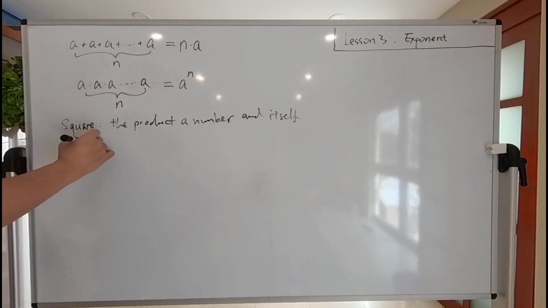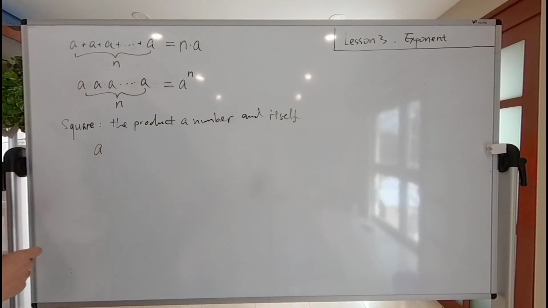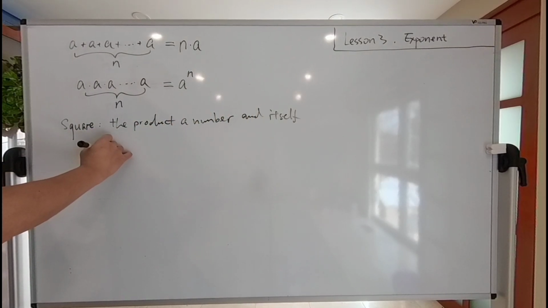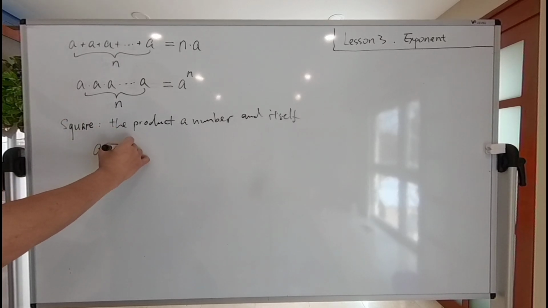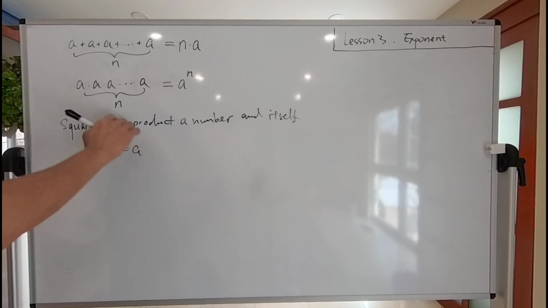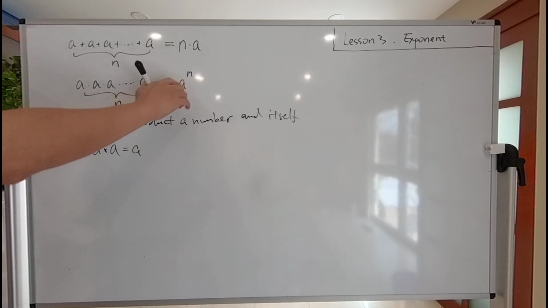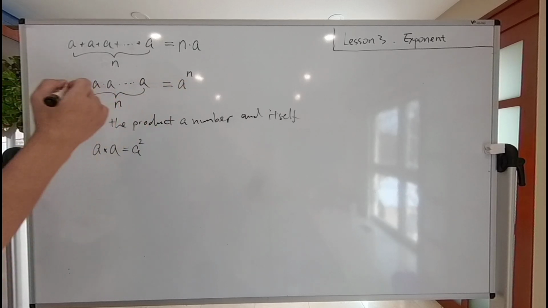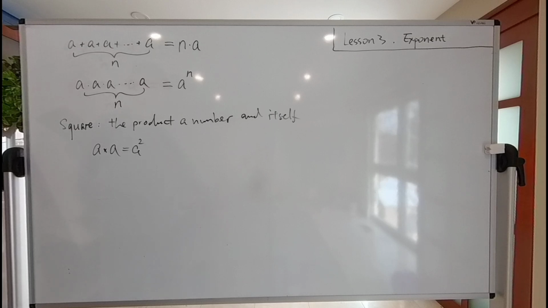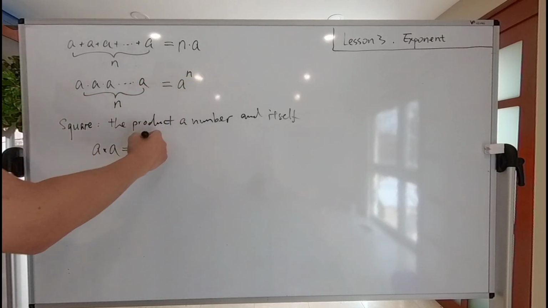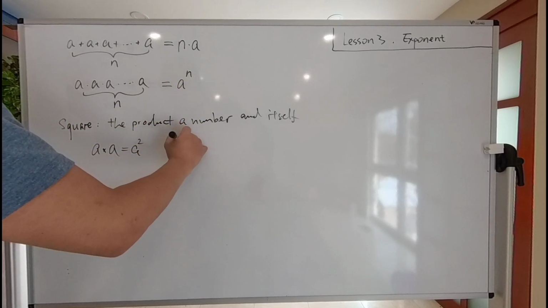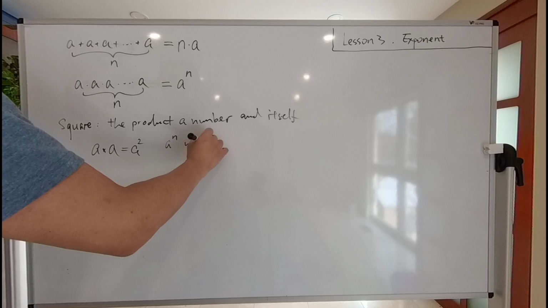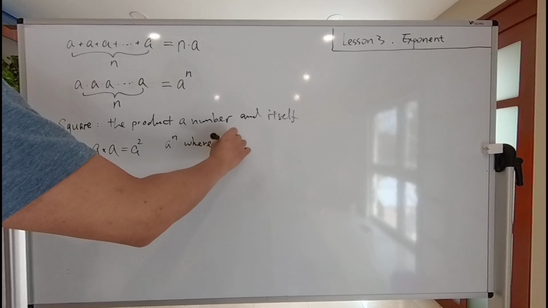So if I'm writing the product of a number a and itself, it's a times a, and in the compact form it can be written as a to the power of 2, or a squared. This is the square, and as you can see, it is really just a simplified case where we let n equal 2.